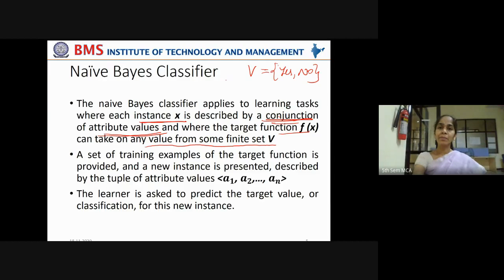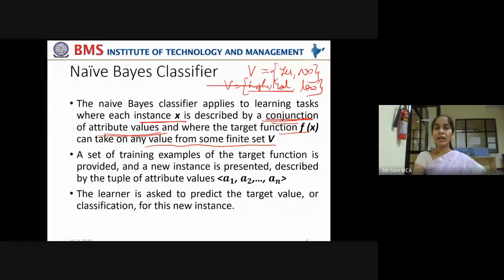In some cases, this contains high, moderate, and low. Say there are three classes or multiple classes. In that case, we call it a multi-classification problem. If it has only two classes, then we call it a binary classification problem, right?